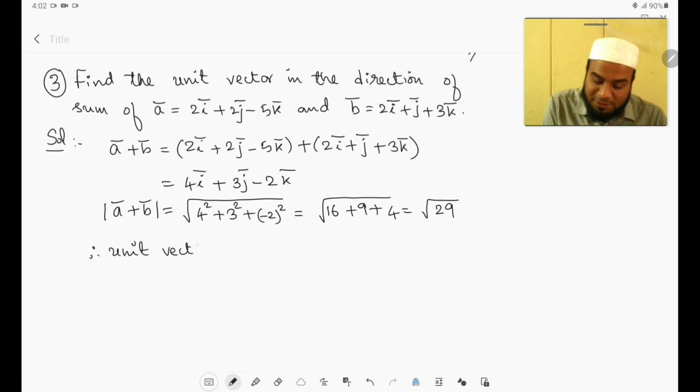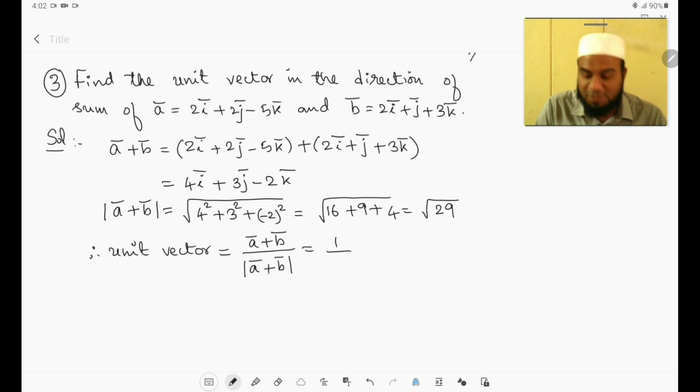Therefore unit vector is equal to, how do we get? Divide the sum of vectors with its magnitude, that is a bar plus b bar. So what we will get? First we will write 1 by mod a bar plus b bar, that is the magnitude given by square root of 29, multiplied with 4i plus 3j minus 2k.